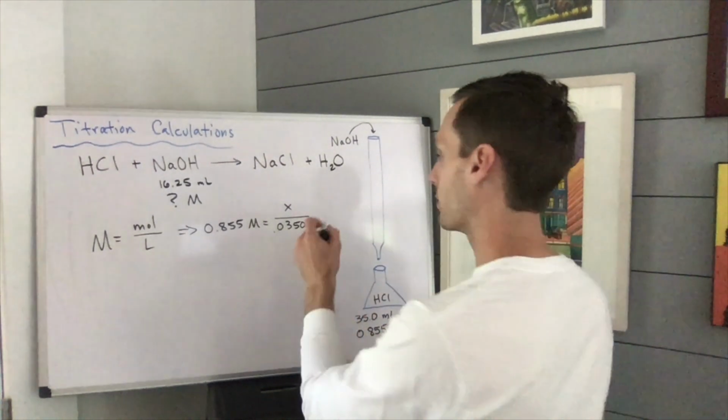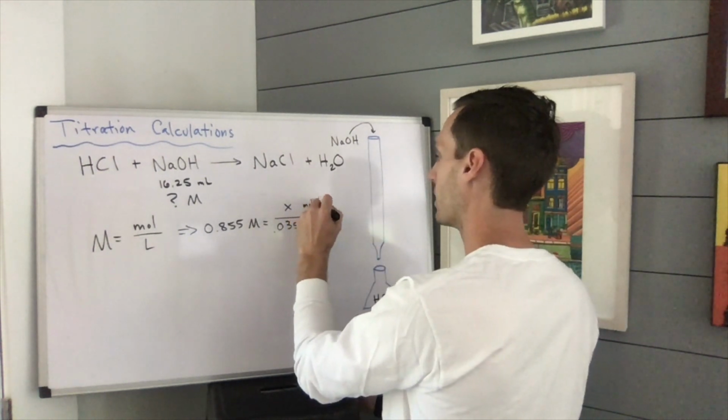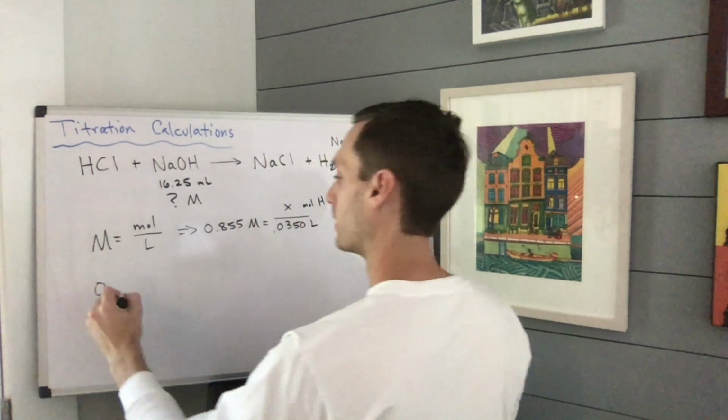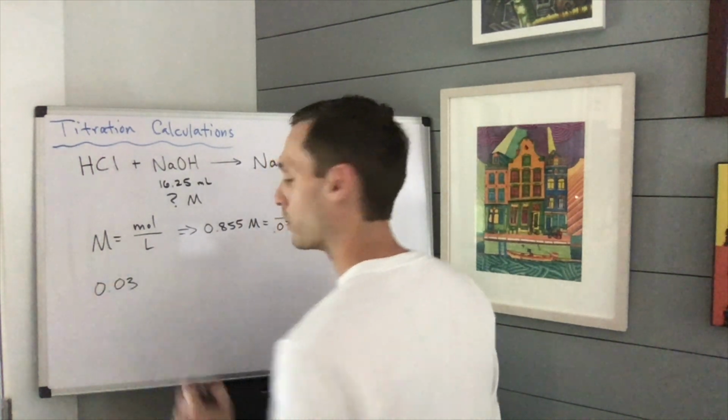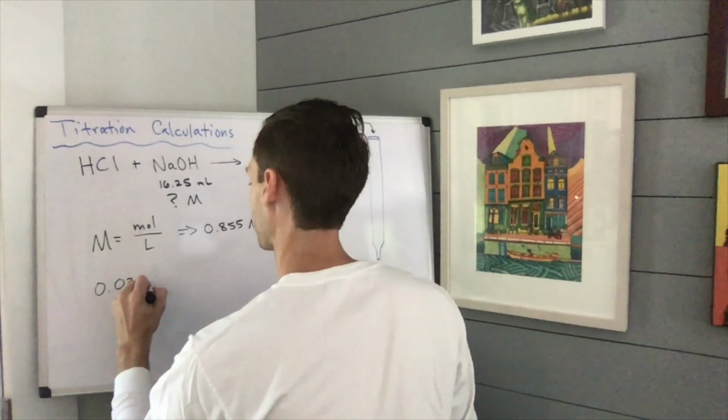If you do that, you'll get your moles of HCl. If you want to do this calculation quick, go for it, but it's about 0.03 moles of HCl.